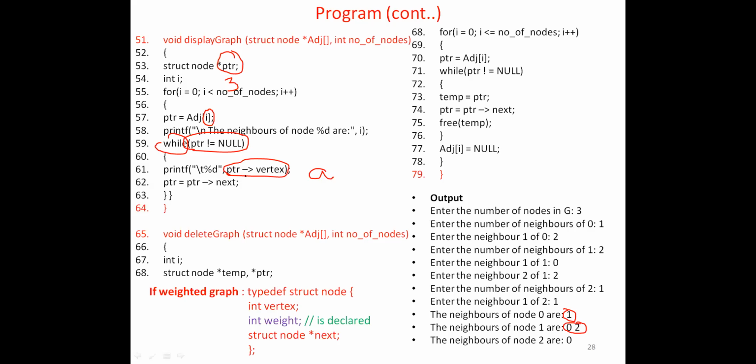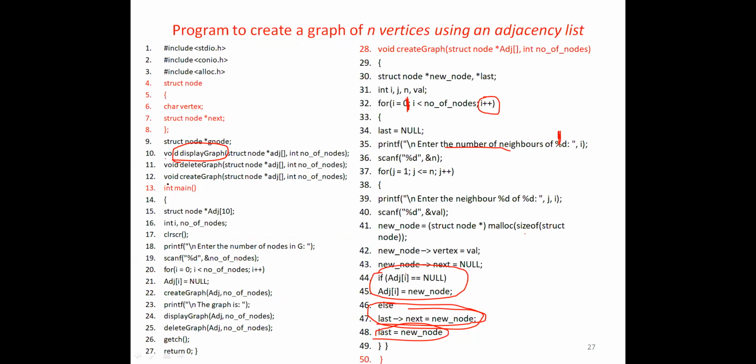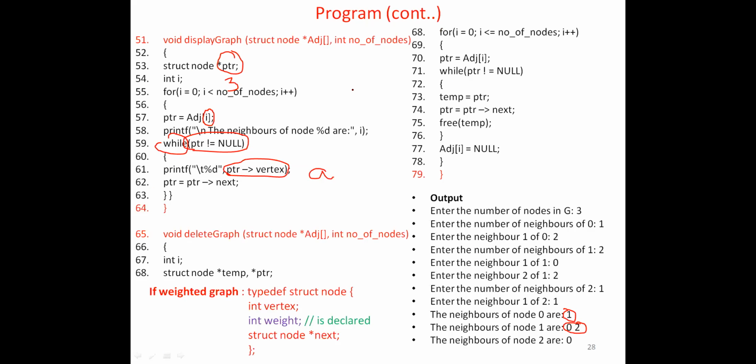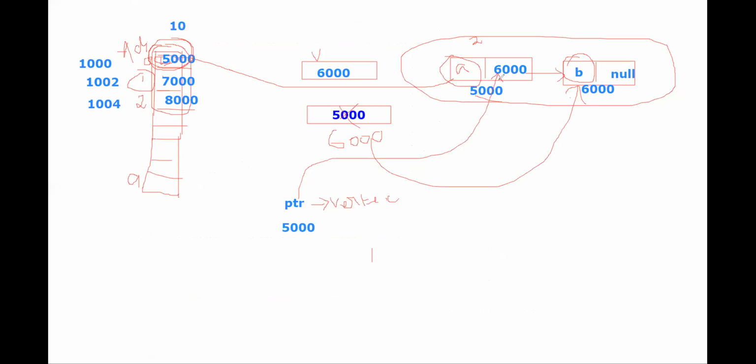Then once it is completed, I have to assign the pointer next to the pointer. So once I print, I will take the pointer next to pointer again. What happens? Now the pointer variable is 6000. Then again I will print.